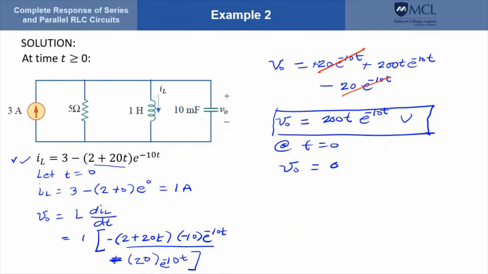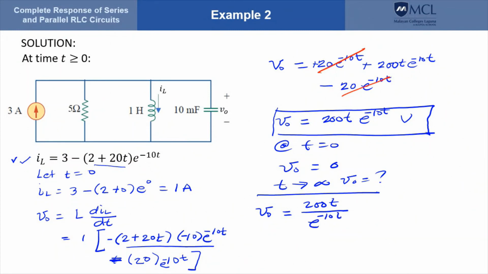And we can check for the steady state value of this. What would happen if t approaches infinity? What would happen to the voltage? We can write this in this form: 200 t over e to the 10 t.